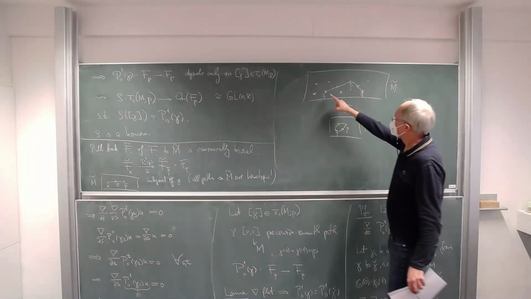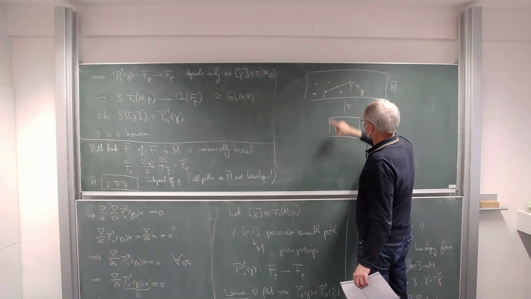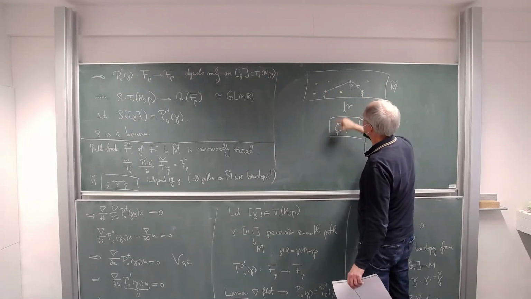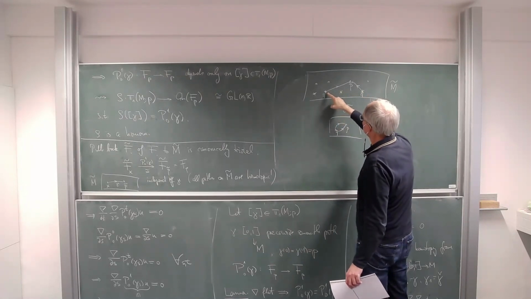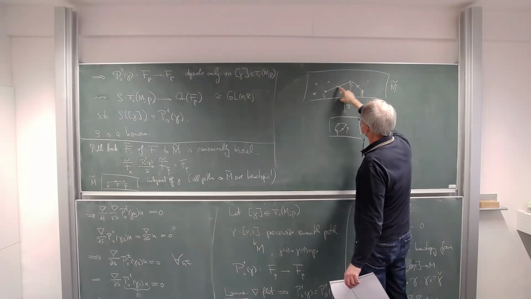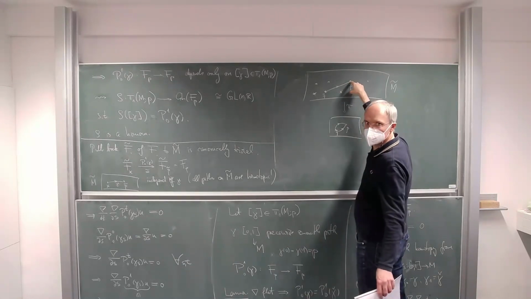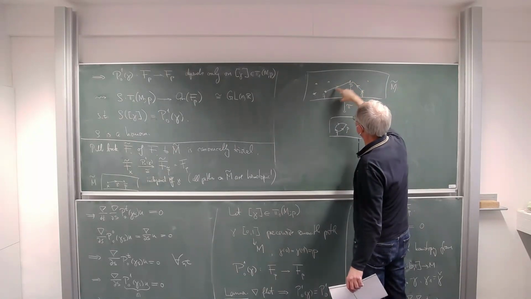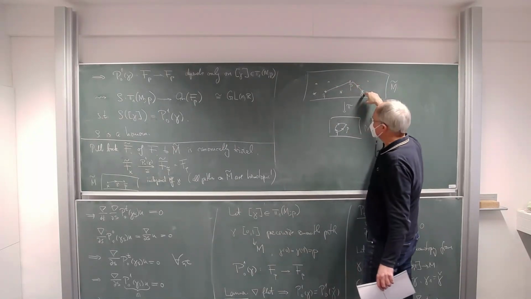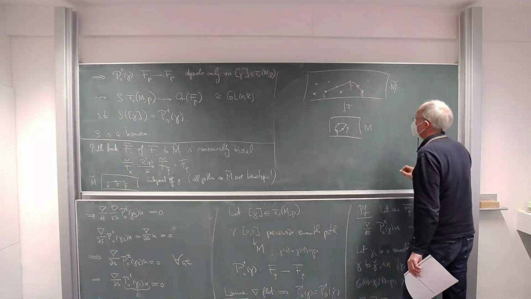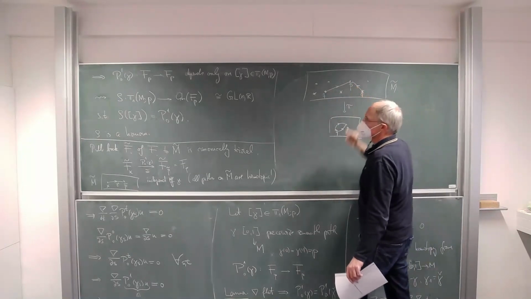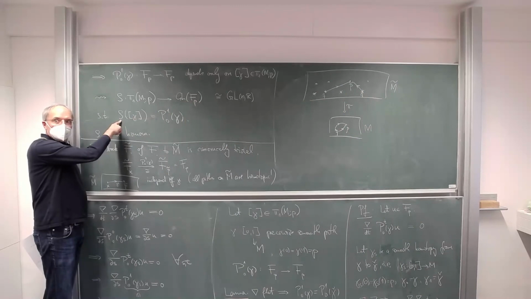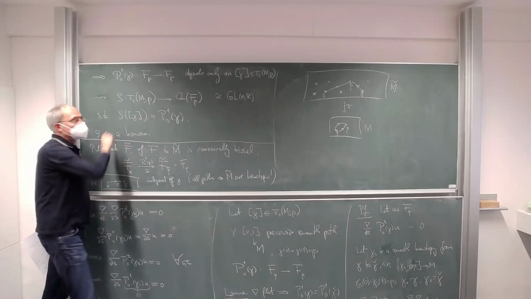So how do I identify the fiber here and the fiber there to give me the fiber here? Well, I do parallel transport along this path, doesn't matter which one I take, and go backwards with this path. So this gives me a map from here to there.